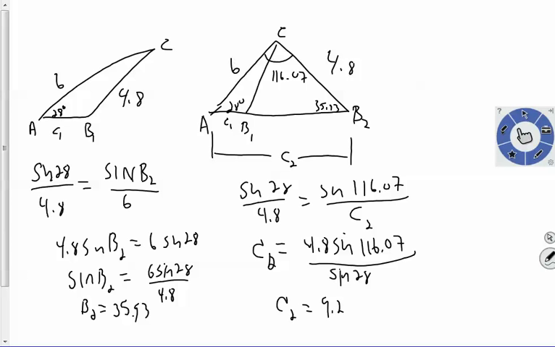If that makes sense. Now for the other part of that triangle, and that's this one right here. So this guy is 28, this guy is 6, this is 4.8, right? So we know that this angle right here, this is A, and this would be B2, and this is C, so we know that this angle right here is 144.07.